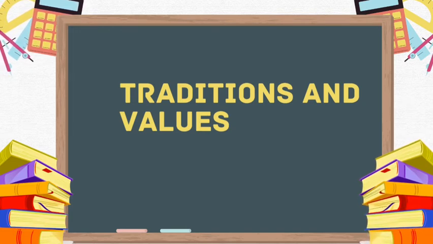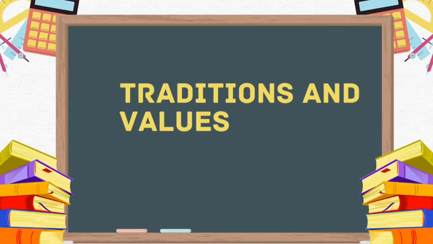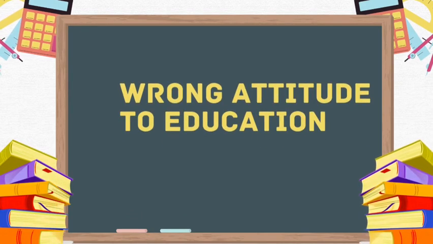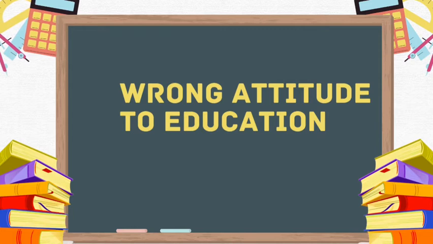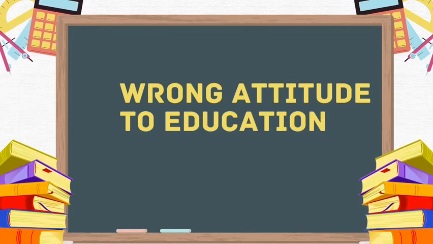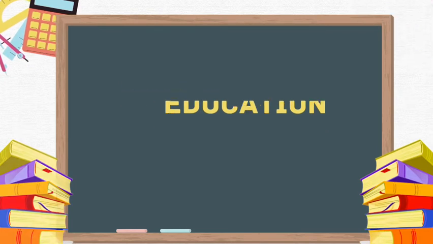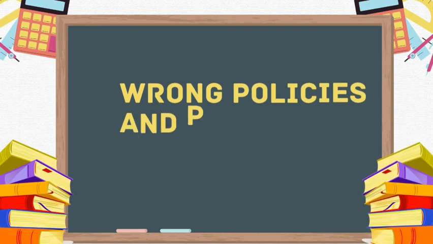Then we have traditions and values. There are certain traditions and values that people still uphold that have led to the problem of illiteracy. For example, the practice of not sending a girl child to school. Then also wrong attitude to education. Some people believe that education is a waste of time, so they would rather make money than go to school.